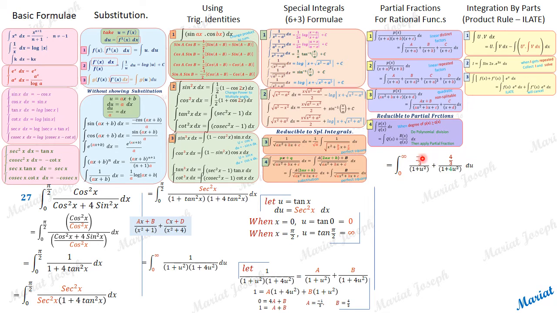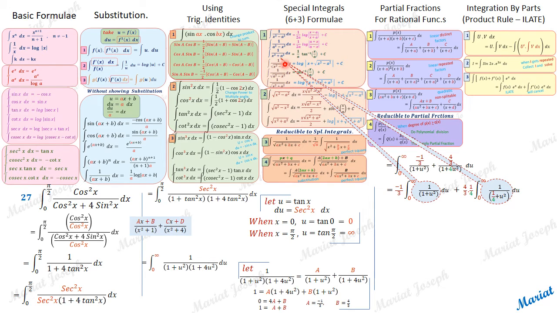Alright. Now these are two terms to integrate. Let us separately write them with the coefficients out. Minus 1 by 3 here and 4 by 3 here as coefficients. Also, 1 upon 1 plus u square and 1 upon 1 plus 4u square.